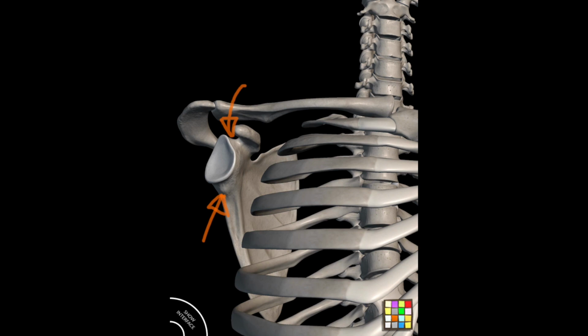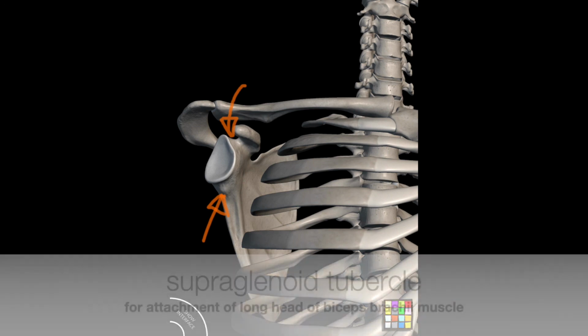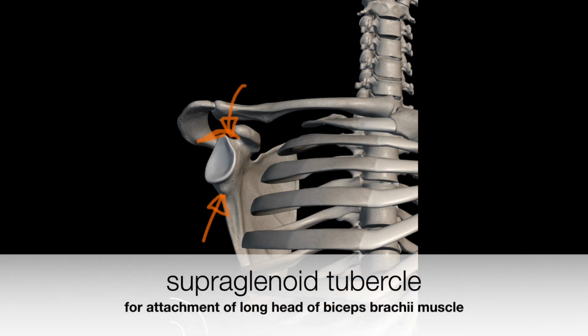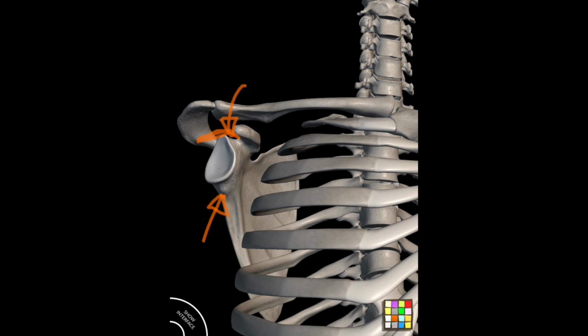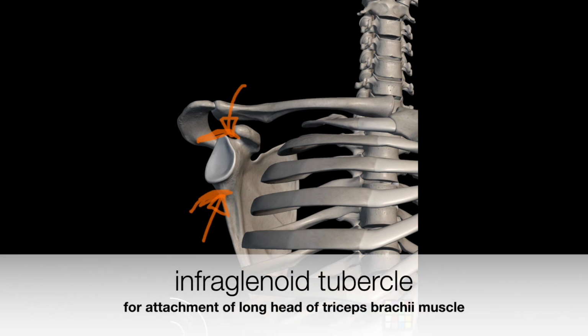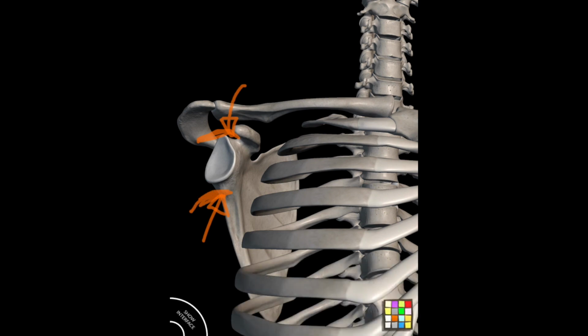Those tubercles are for attachment of the long heads of two important arm muscles. So the long head of biceps muscle is attached at the supraglenoid tubercle, and the long head of the triceps muscle is attached at the infraglenoid tubercle. So important attachment sites of muscles here.